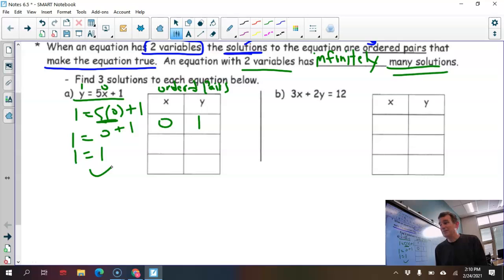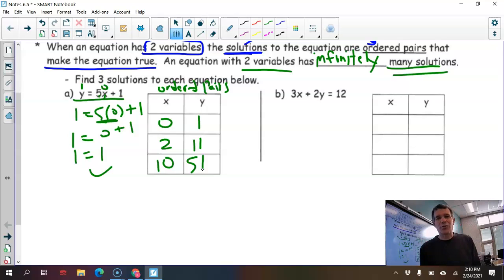But I claim there's many more, all right? There's infinitely many, in fact. If I put 2 in for x, y would be 11, because 5 times 2 is 10, and 10 plus 1 is 11. If I put 10 in for x, y would be 51, because 5 times 10 is 50, plus 1 is 51.